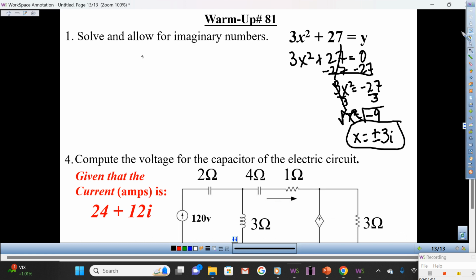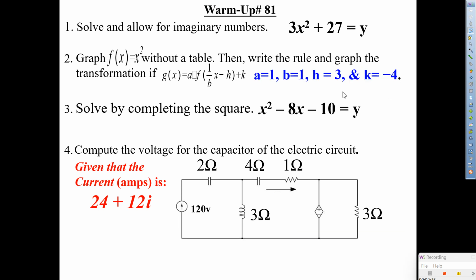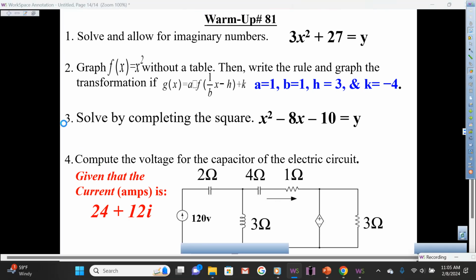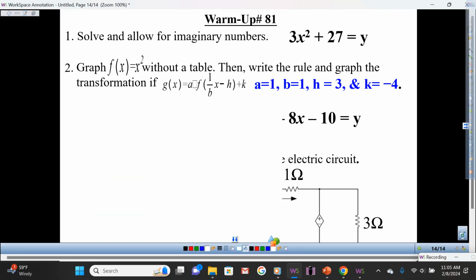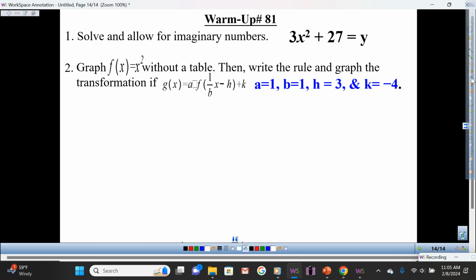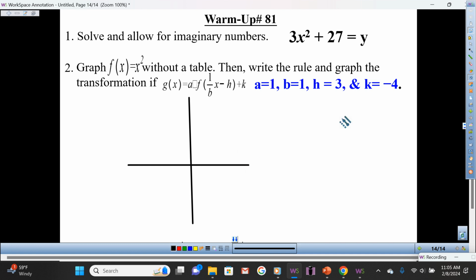All right, let's go with number 2. Number 2, it's a transformation. Let me make some space here. By now we know how to graph the parent function f of x equals x squared without a table.